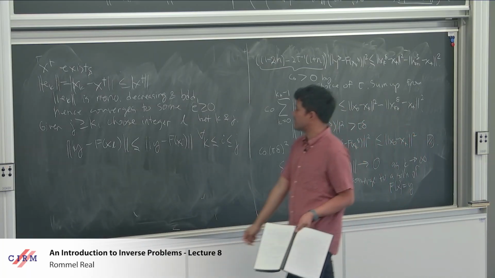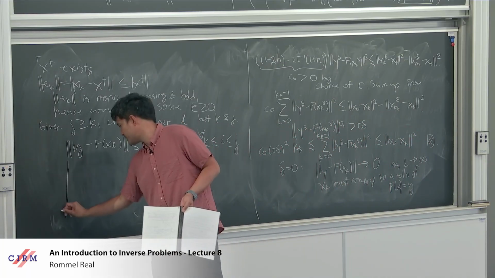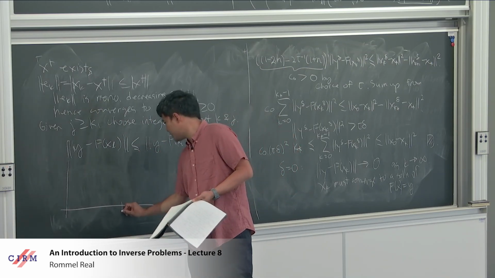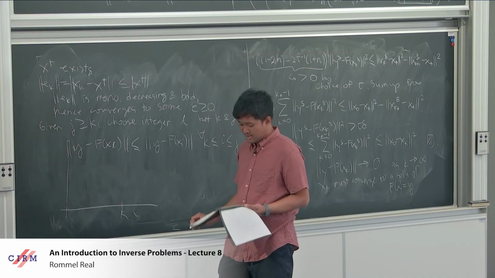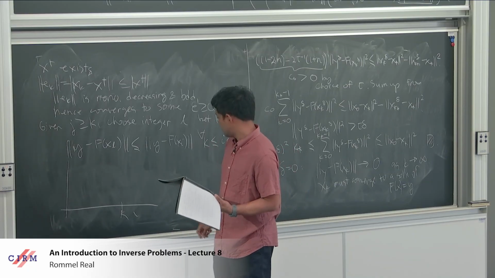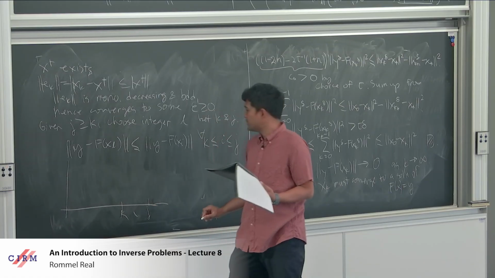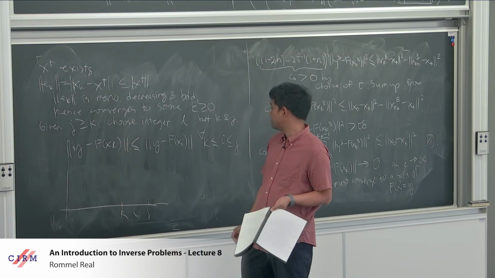How does it work? It's like this. Suppose, let's try to illustrate that one. Suppose I have k over here, and my j is somewhere here.